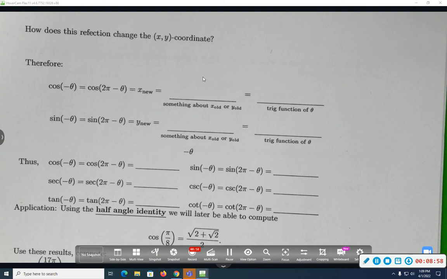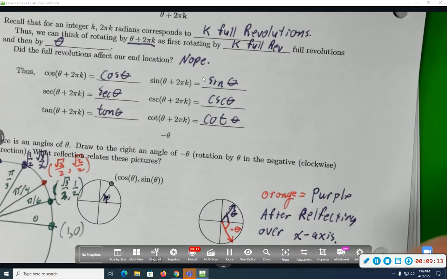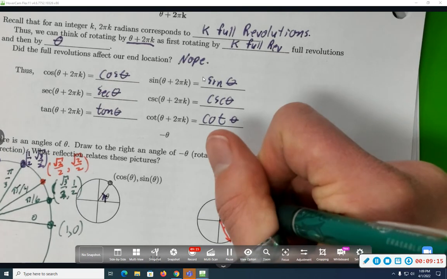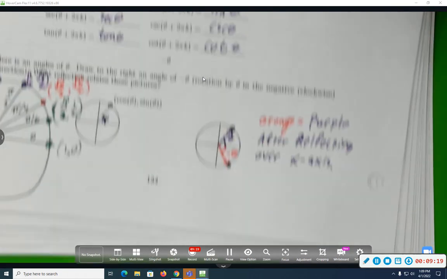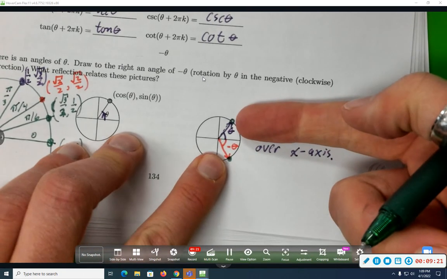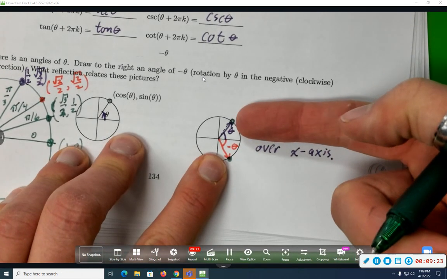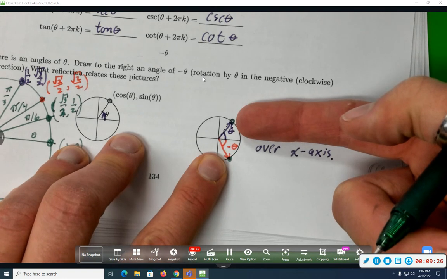Reflection over the x-axis, what does that do to x-coordinates? I guess maybe it's useful to have the picture back up. So if I want to think about trig functions, I want the xy value of those points. Those two green points, how do their x coordinates compare? They're the same. How do their y coordinates compare?